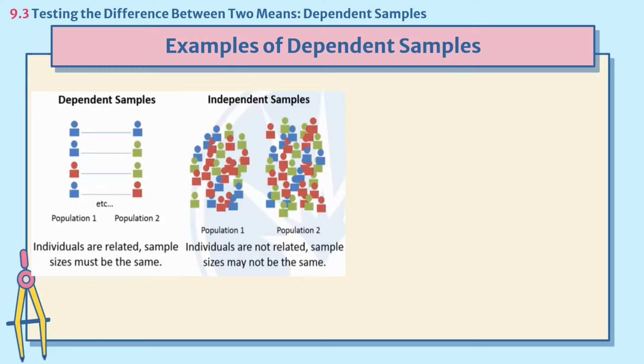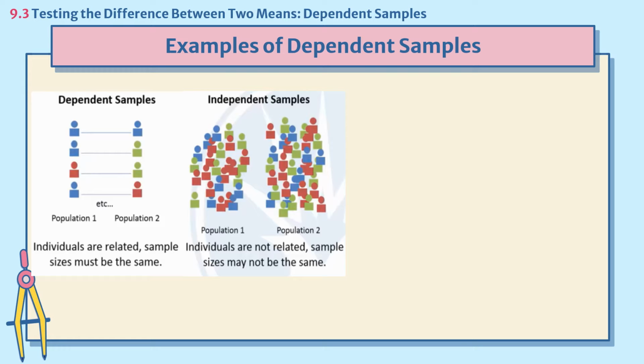So as you can see on the picture, in dependent samples, the individuals are related, and the sample sizes must be the same. In independent samples, individuals are not related, and the sample sizes may not be the same. Sa dependent samples, meron silang relation, connected yung mga samples natin. Sa independent naman, wala silang relation with each other.